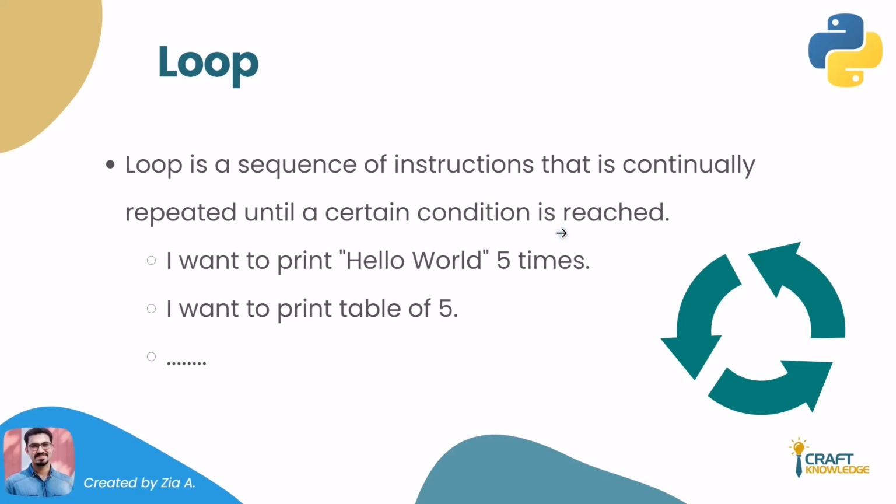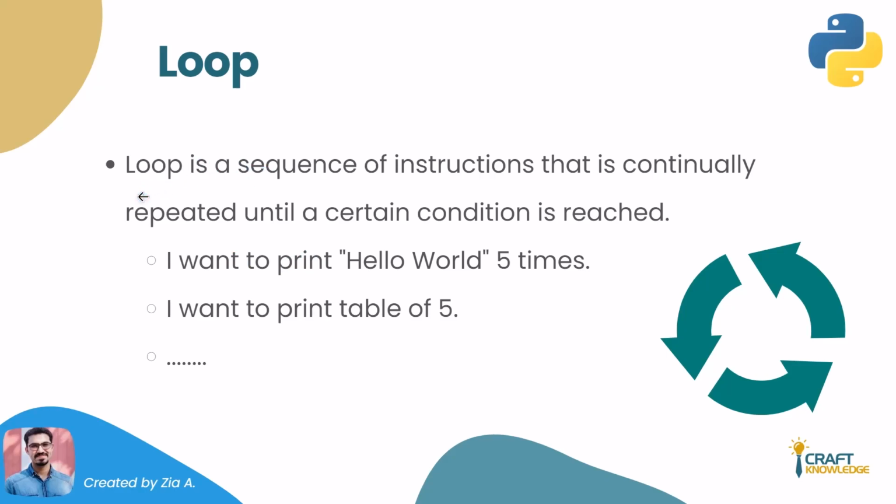What do we mean by that? It helps us in repeating a sequence of instructions, or a sequence of commands, or a block of code, right? These are synonyms. So if we want to repeat anything, we'll make use of a loop.